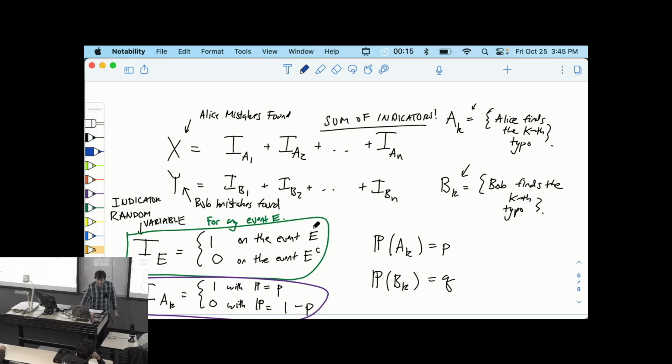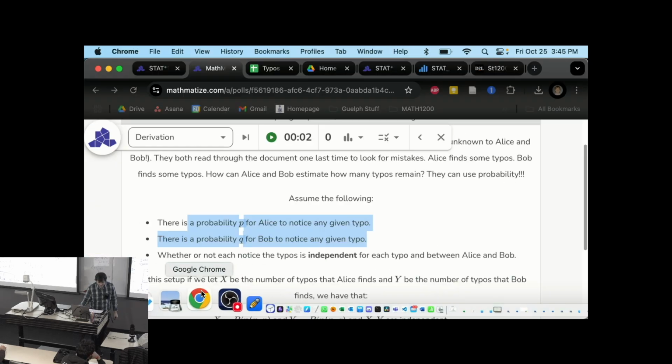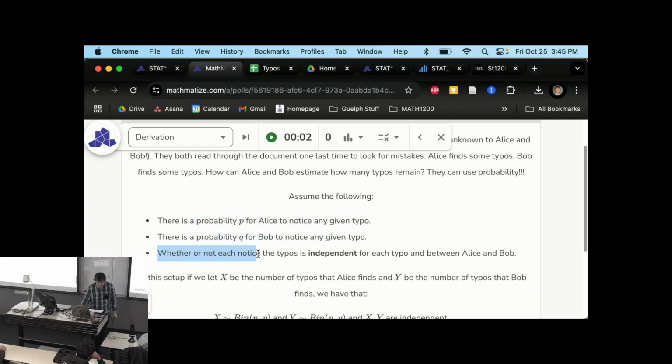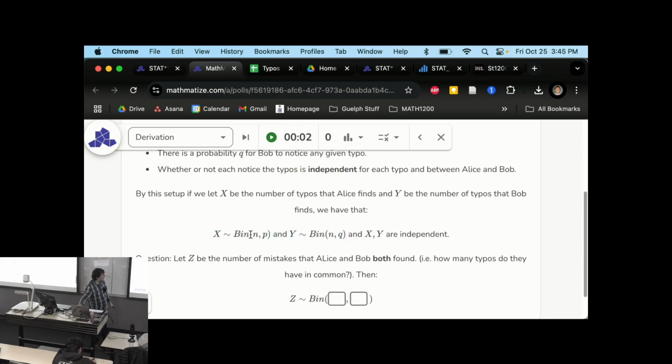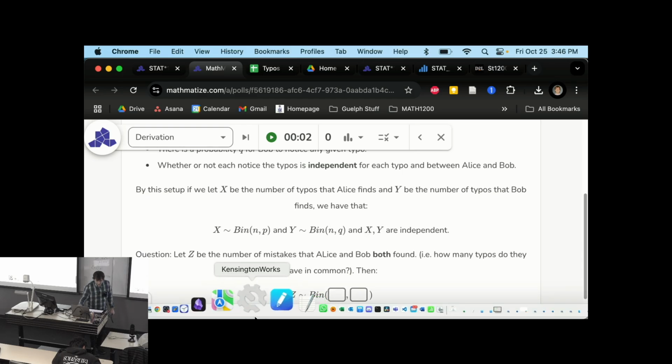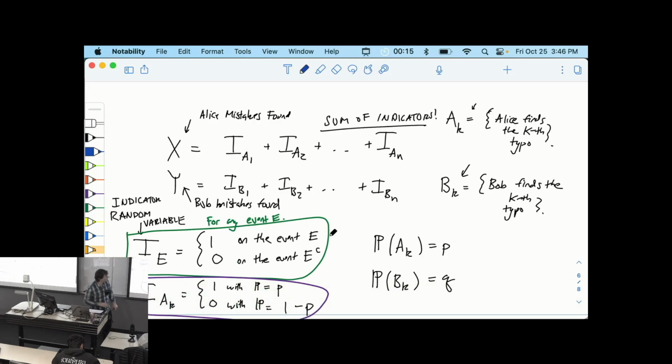And very fortunately for us, in the list of assumptions, the next thing is that whether or not they notice each typo is independent for all the typos and between Alice and Bob. So because everything is independent, the X's and the Y's are actually binomial random variables. So X is binomial n, p, Y is binomial n, q.